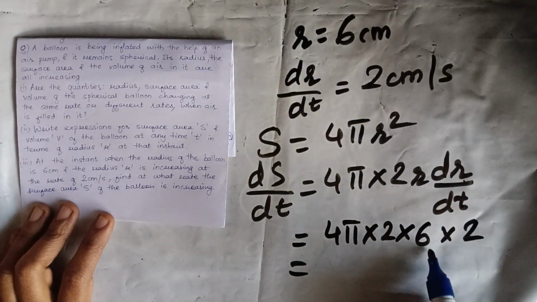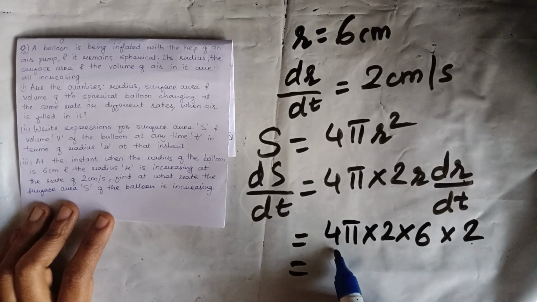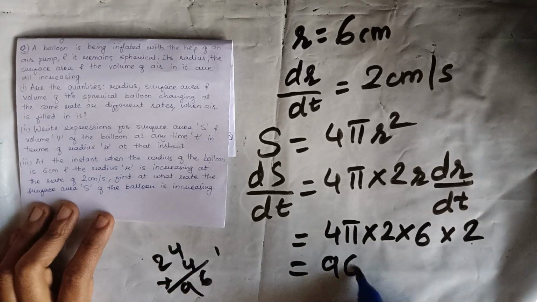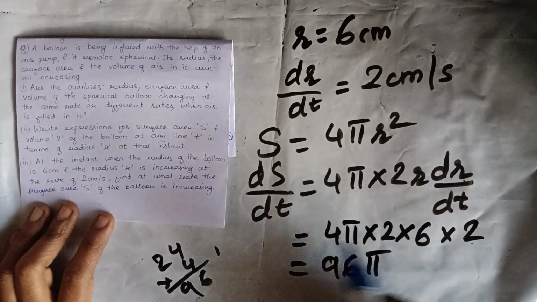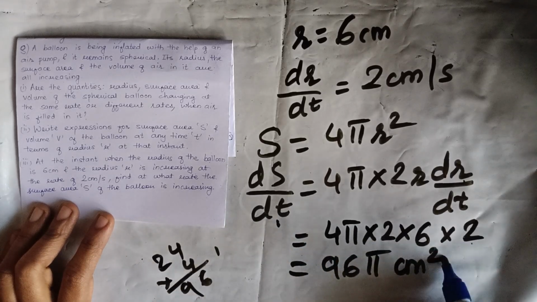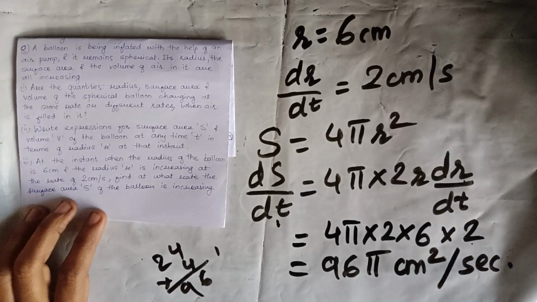So 8 into 6 is 48, into 2, that is 96. 96π. This is the change of area, so centimeter square per second.